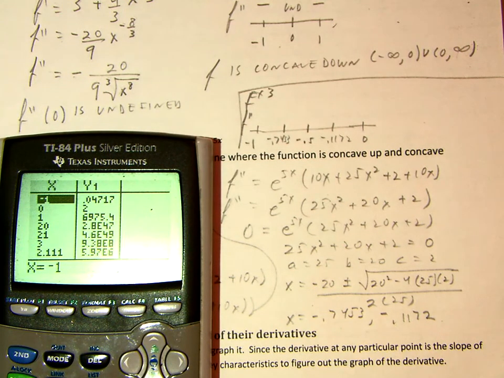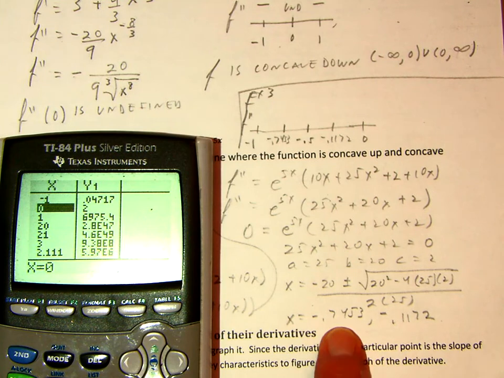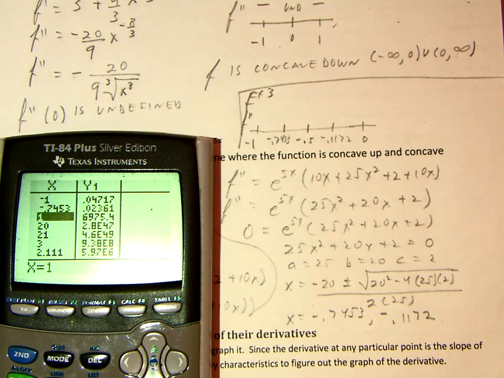And I notice if I put in, let's see, we wanted to enter negative 1. This was our critical value. We should get 0 here, so let's see, negative 0.7453 about. Do I get something darn close to 0?